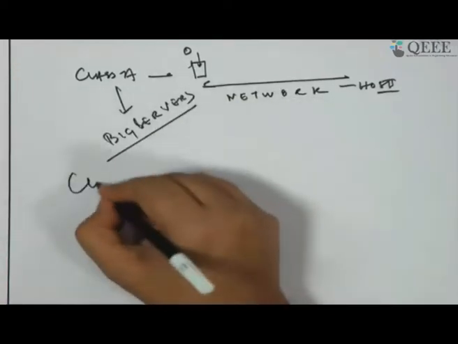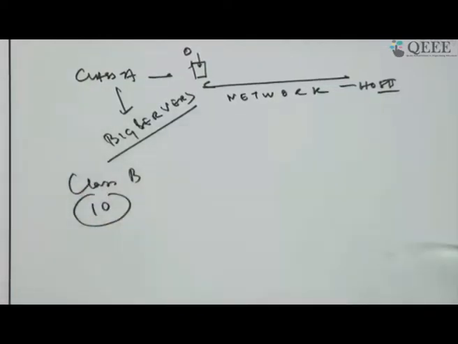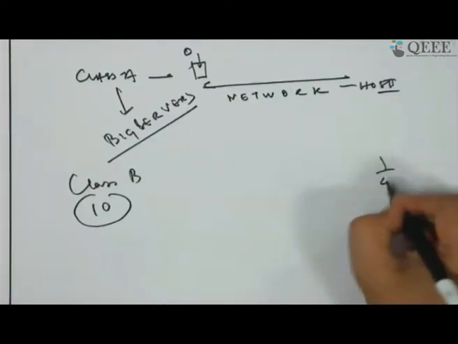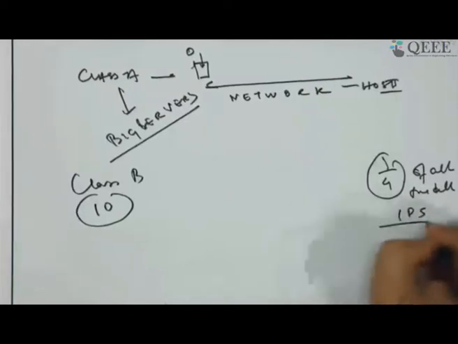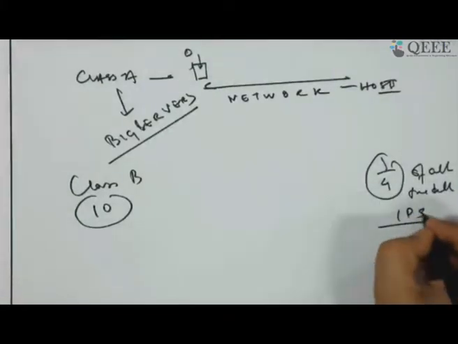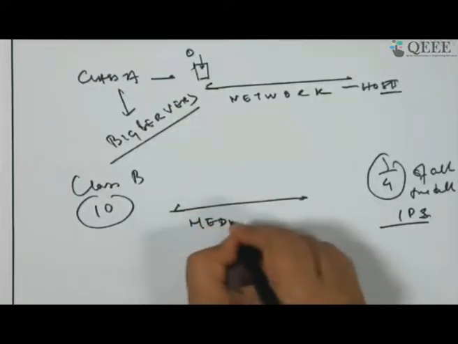Then class B was 10, which means one fourth of all the IPs, and here it was thought it would serve medium range servers.